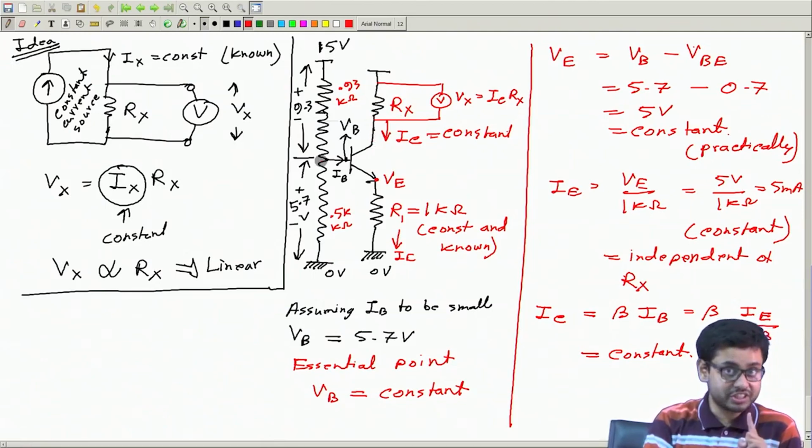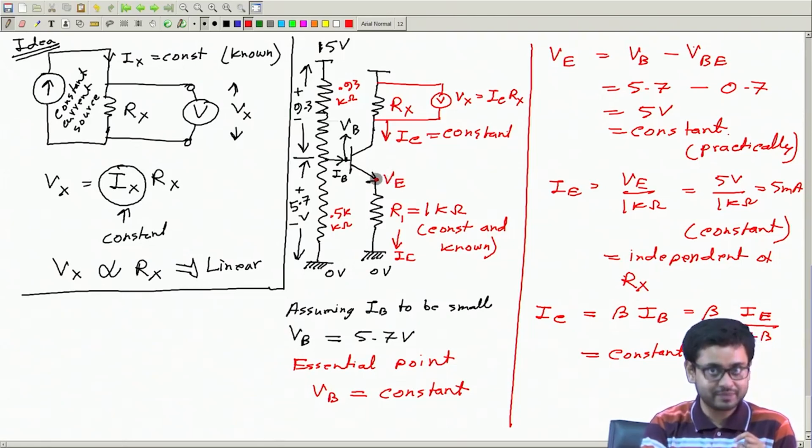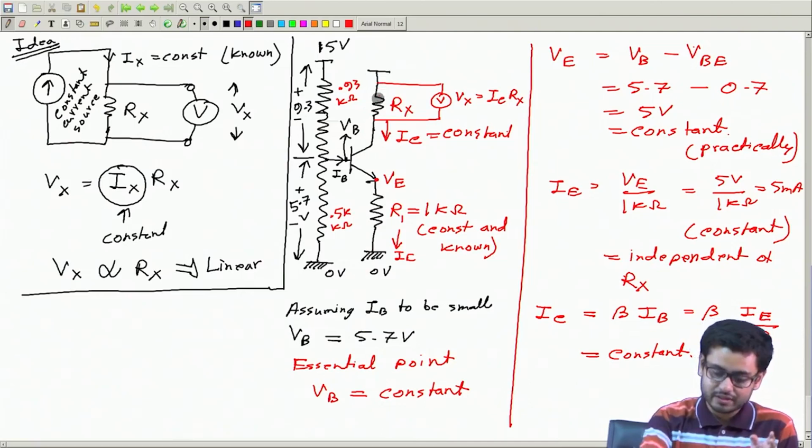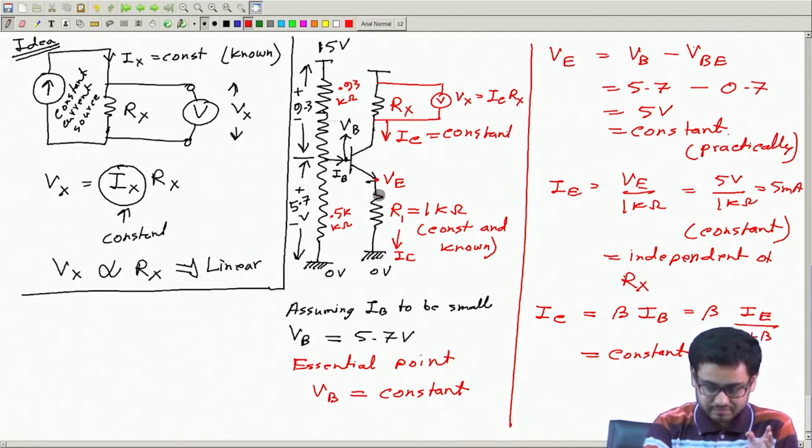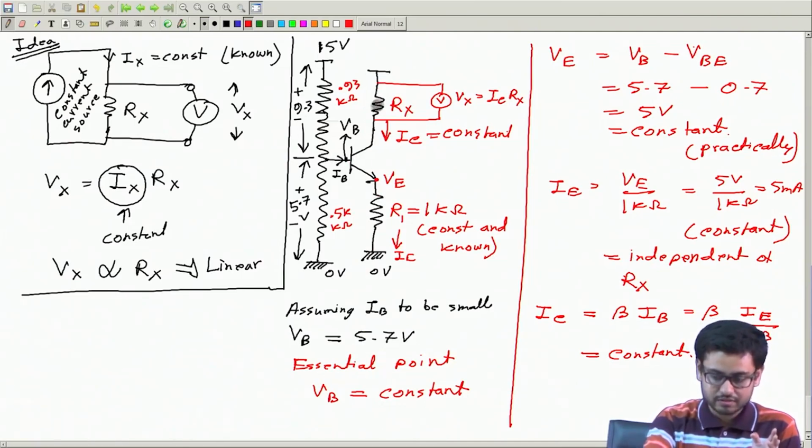Let me just recap how we got this current constant. We have applied a constant voltage at the base. We know the base emitter drop is constant, so the emitter voltage is constant, and this resistance is constant, so this current is constant. Practically these two currents are quite close: IB plus IC is IE, and if IB is small, I can think these two currents are the same.